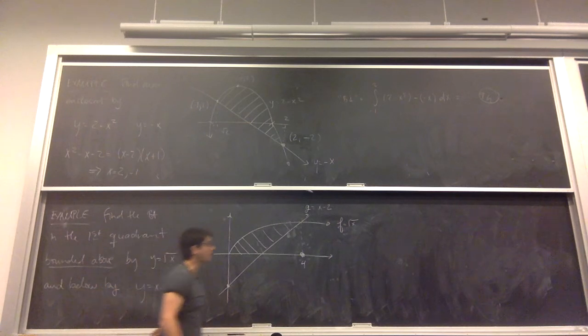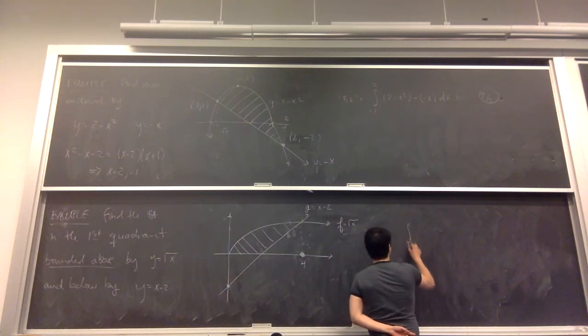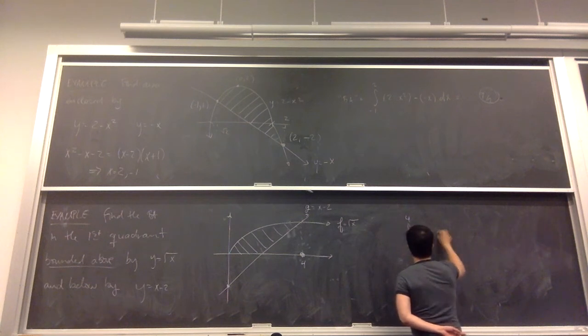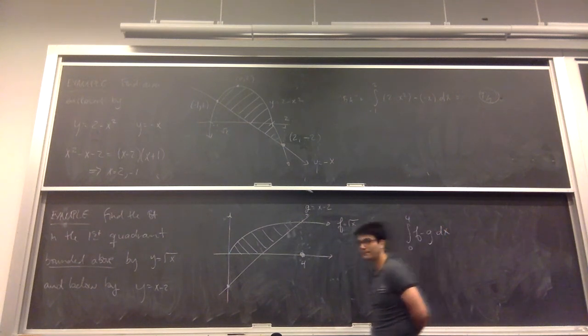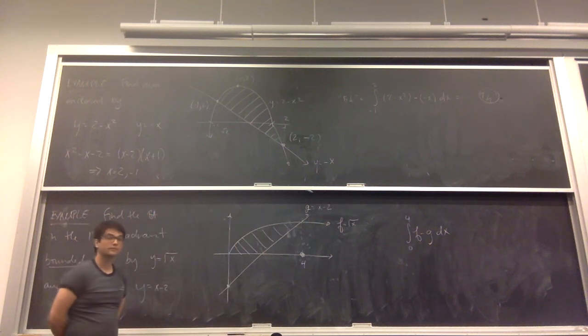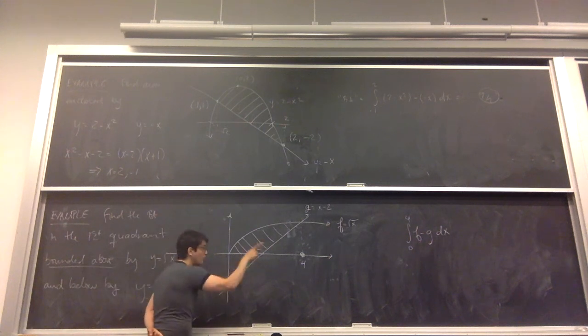Okay, let's start here. What happens if I take the integral from 0 to 4 of f minus g? Is this correct? That'll give you the area under it as well, right? So that will also give this. Can't you just subtract it?